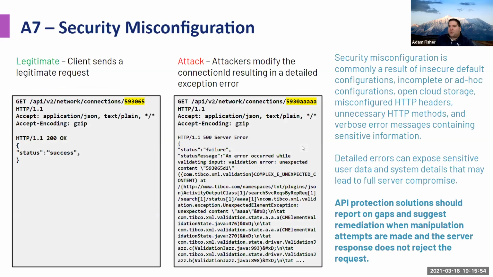Okay, so security misconfiguration. We've seen this before. This isn't necessarily anything new, but when I come in and I am attacking APIs, before I get super focused on endpoints, I can just send a Burp scan, and this is what I'm looking for. If I can send malformed data, if I see a field that is expecting a telephone number and I send in a super long sentence, what's going to happen?